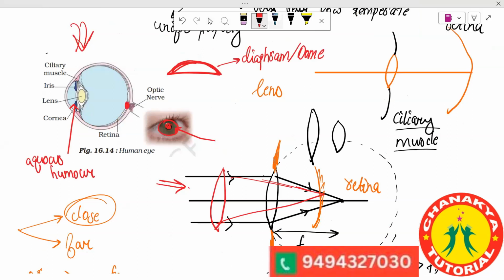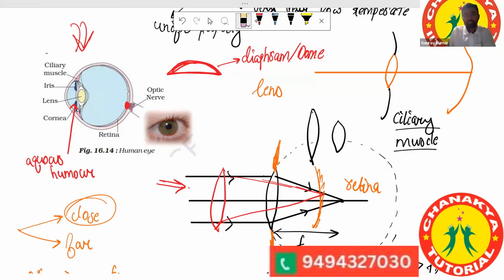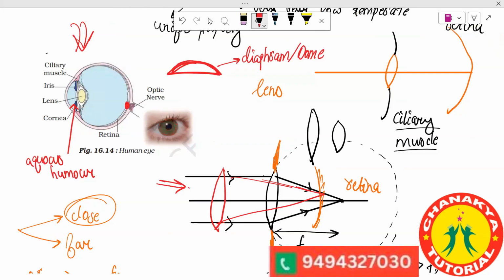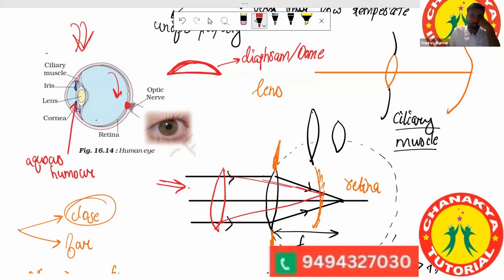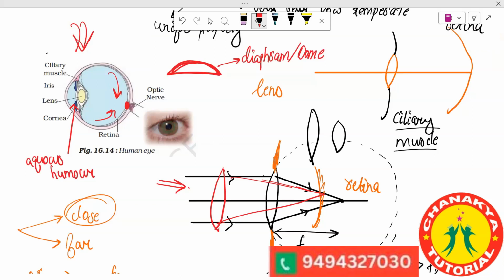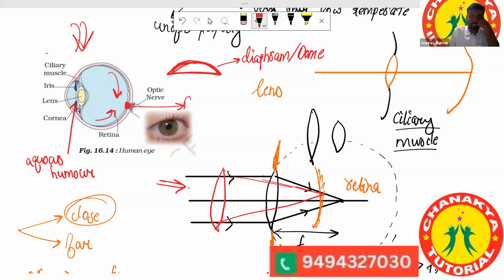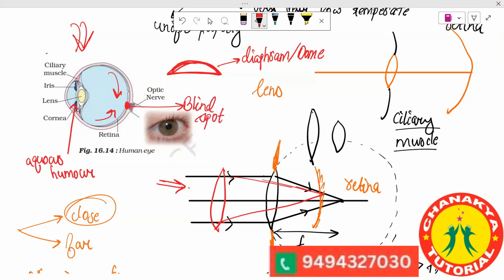Okay, very good. This is the part where the optic nerves intersect, coming from up and from down. This part is known as the blind spot. Any light falling on this part, we won't be able to see.